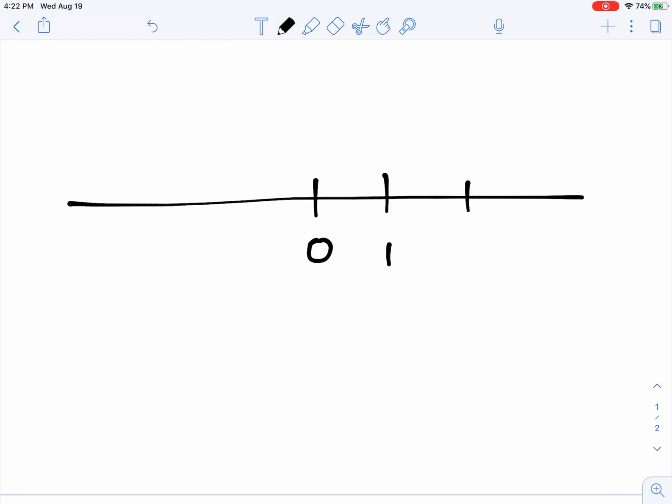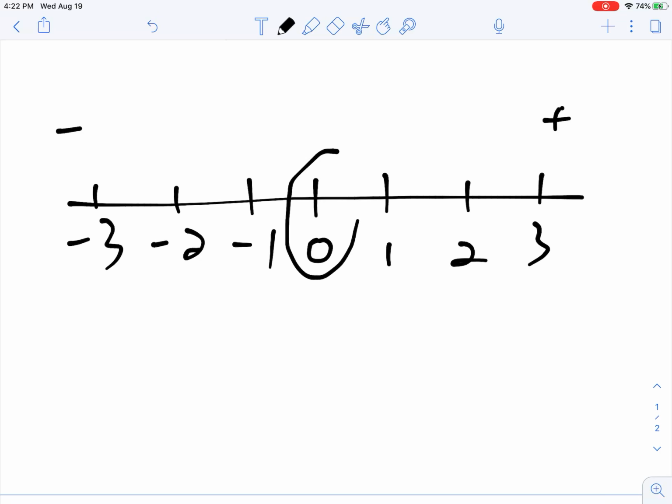We can measure this way, or we can measure the other way. And in one dimension, those are the only two options. We can go to the right, or the positive direction, or we can go to the left, the negative direction. But in either case, we're using a common coordinate system. We're using a common 0 point. We're measuring from the same place every time. Okay? Hope that makes sense.